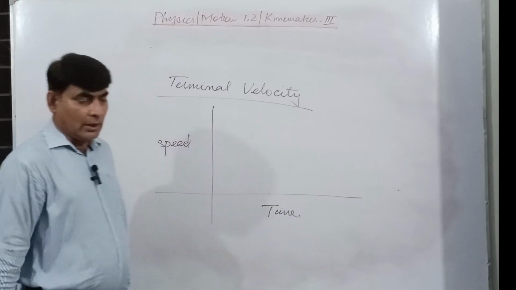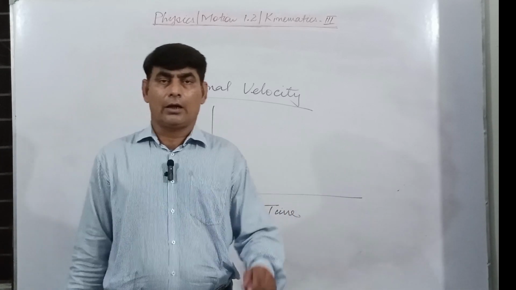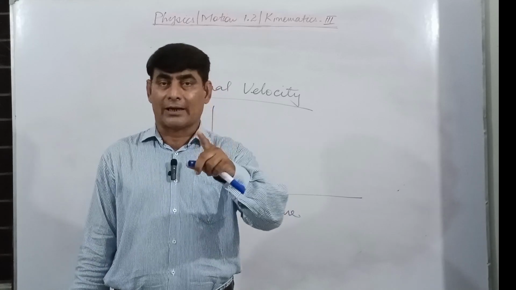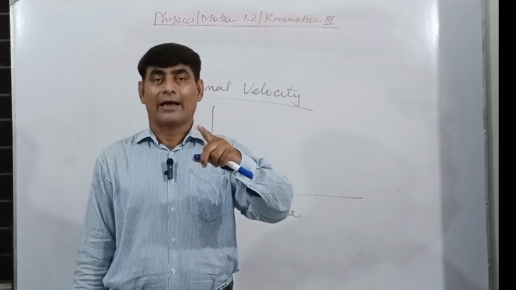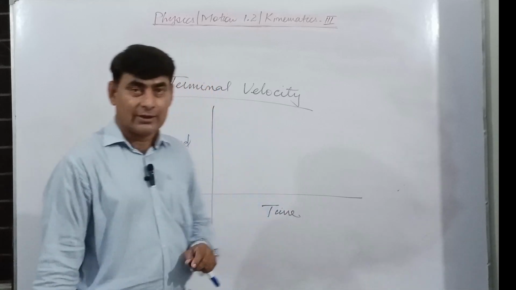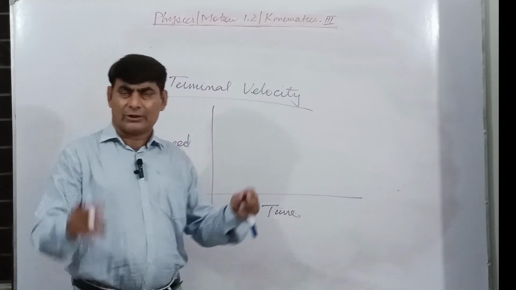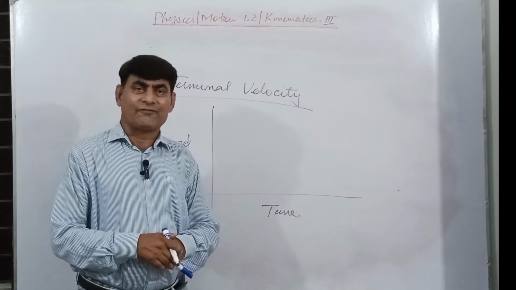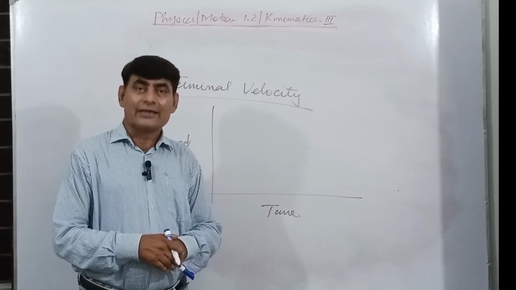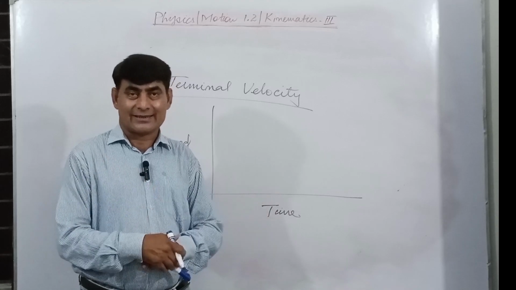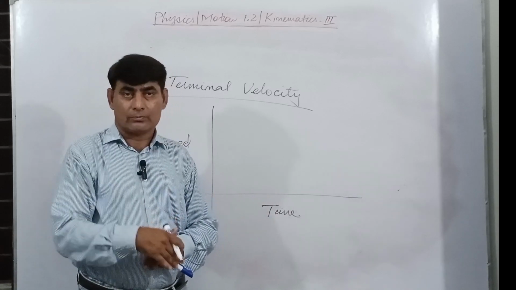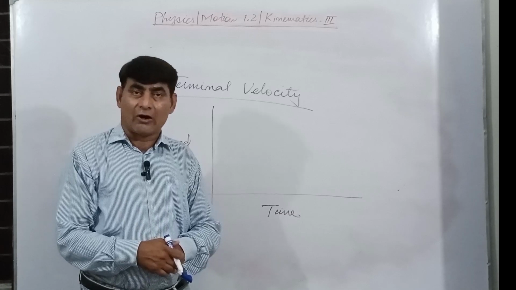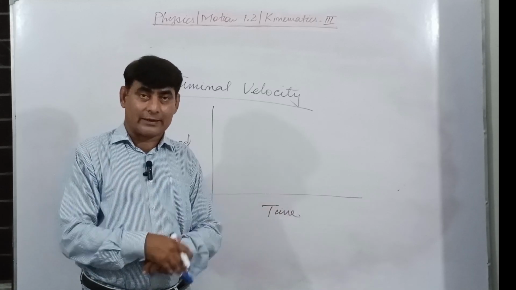A parachutist jumps from a helicopter that is hovering at a certain height. So when a parachutist jumps, what happens? Starting from a state of rest, then moving down with uniform speed or variable speed?